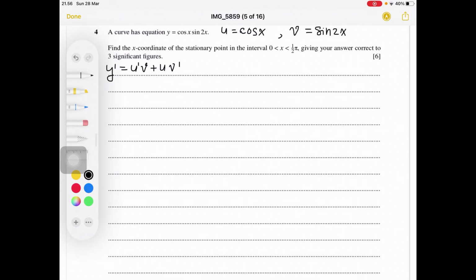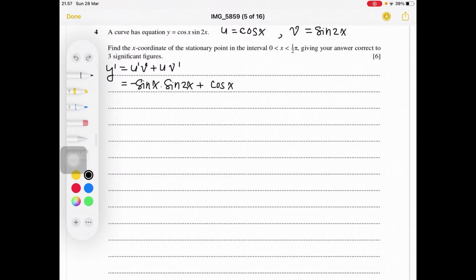So we continue the differentiation. u prime v is negative sine x times sine 2x, plus u v prime. u v prime is cos x times 2 cos 2x.